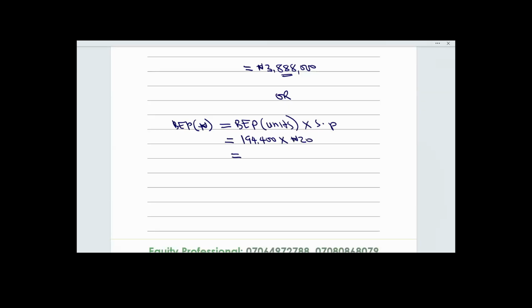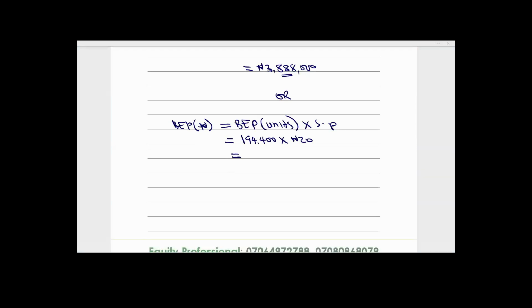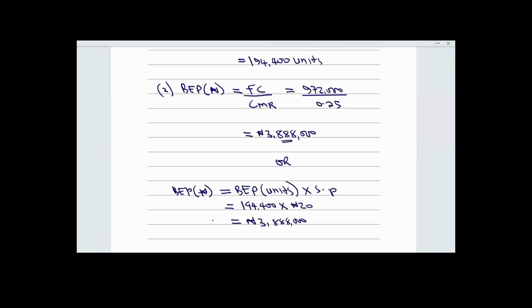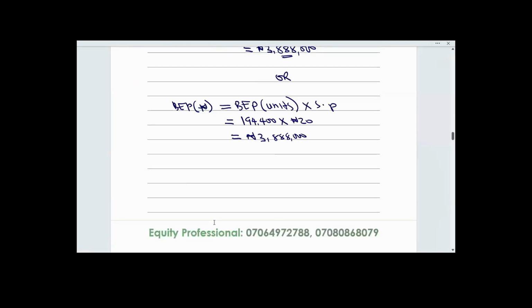We should be able to get the same thing. 194,400 multiplied by 20. Yes, the same answer, 3,888,000. So that's that. This is how to calculate break-even points in units and in naira.